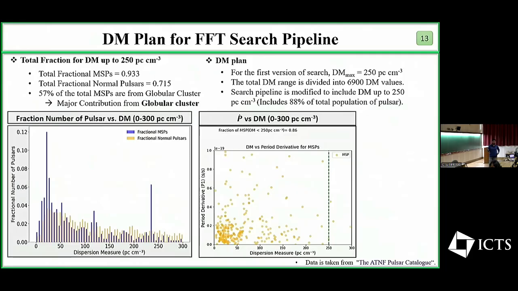That's why, and FFT search is computationally more expensive compared to FFA search. For a single 10-minute observed data, FFT search will take more than 1 day, and FFA search will complete within hours. That's why I limited the DM range. This is the first version of the DM search. After processing all the existing data, we will again search with a higher DM range.